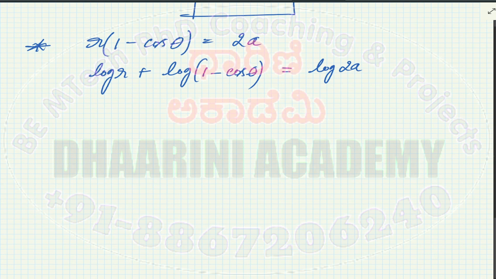Let us try to differentiate the given function. So log r becomes 1 by r dr by d theta plus 1 by 1 minus cos theta into differentiation of minus cos theta, which is sin theta, equals log 2a, whose differentiation becomes equal to 0.